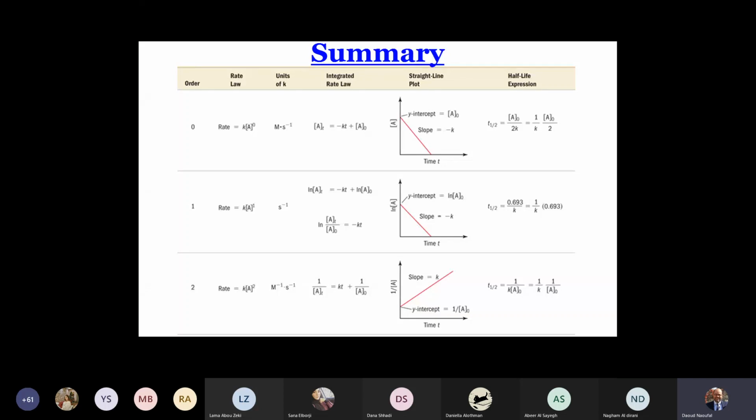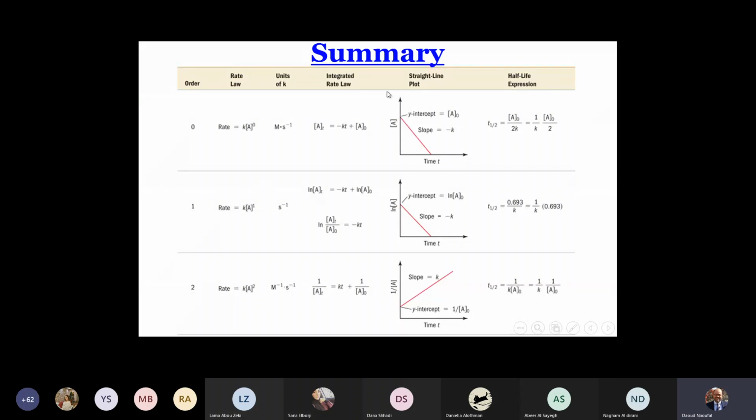If you observe that your t-half increases by increasing the initial concentration of A, your reaction is of 0 order. If you observe that your t-half in the two experiments is independent of the initial concentration, your reaction is of order 1. And if you observe that t-half is inversely proportional to the initial concentration, the global order is 2.